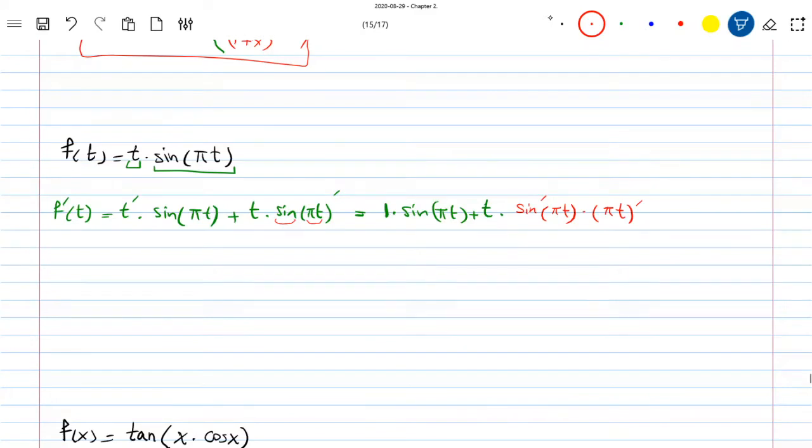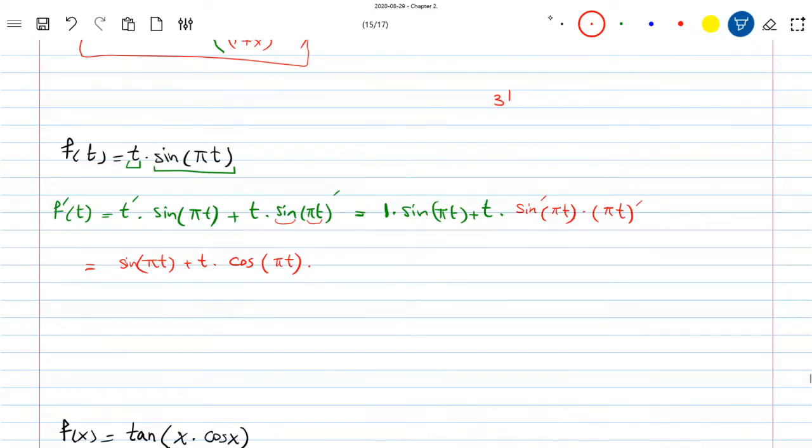Derivative of the outside multiplied by the inside function derivative. Okay, so you still have 1 times sine pi t is sine pi t plus t times sine derivative is cosine pi t still there, multiply by, what is the pi t derivative?